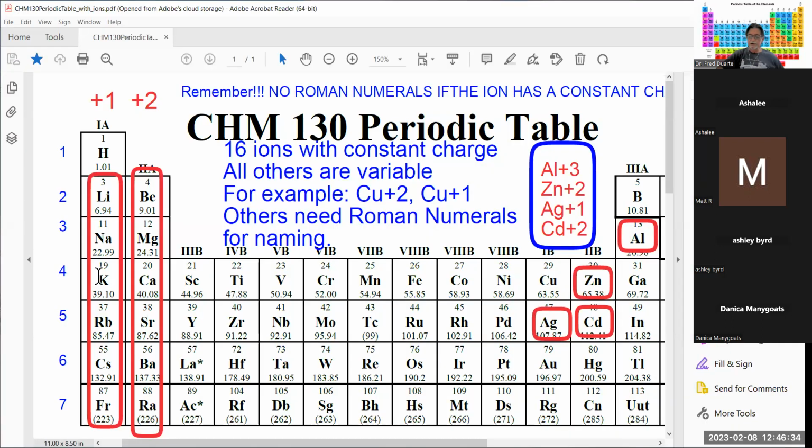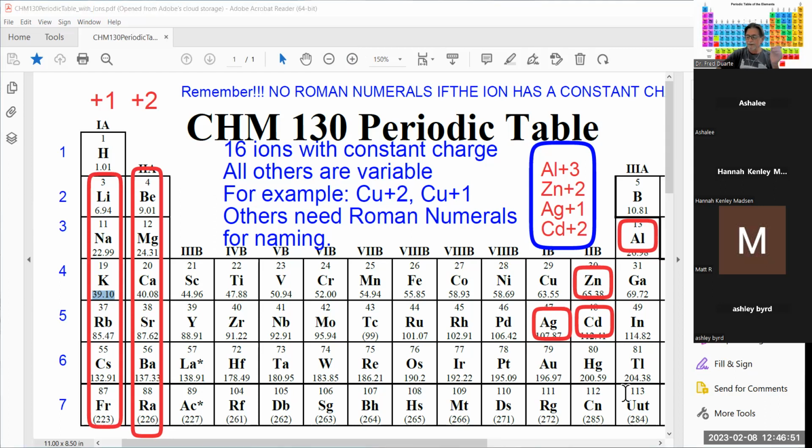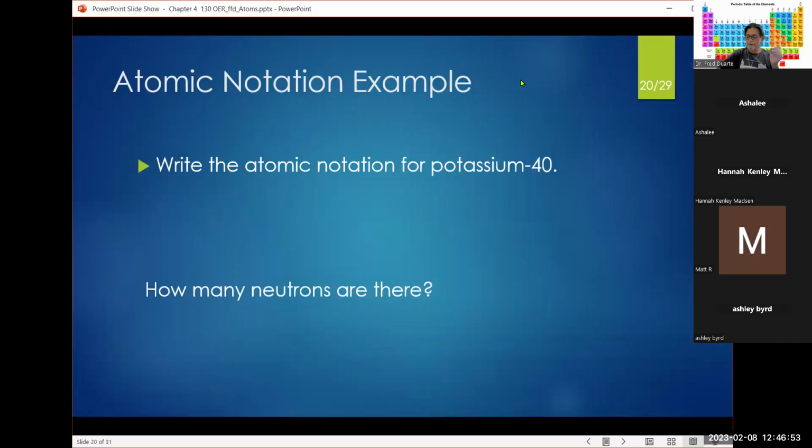Potassium's number 19. What is the most common isotope of potassium? 39. You got it. But the question is asking about potassium-40, so that means potassium-40 is not the most common isotope.